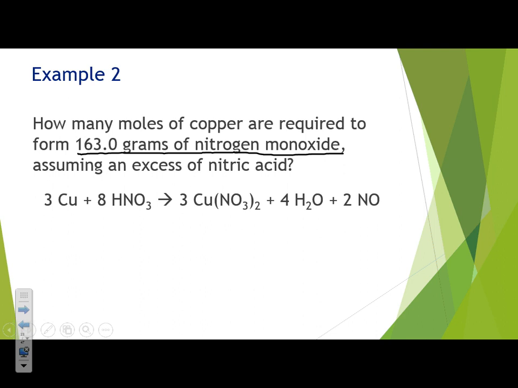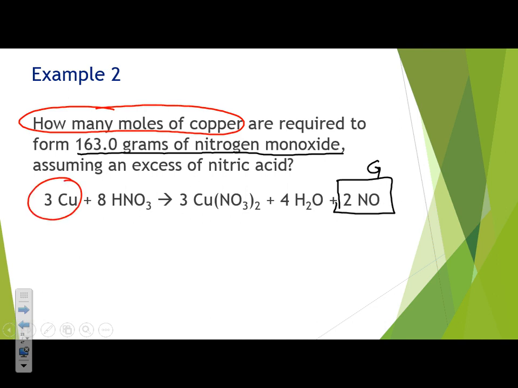We are looking for how many moles of copper are required to form. So if we go ahead and take a look at this problem here, nitrogen monoxide, that's here on the product side. So that was our given.